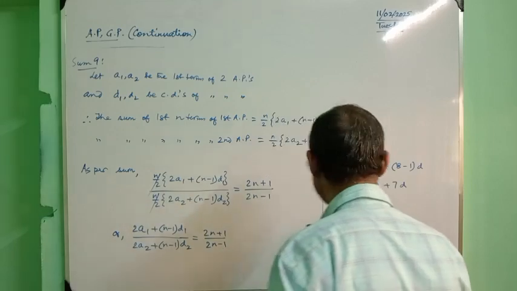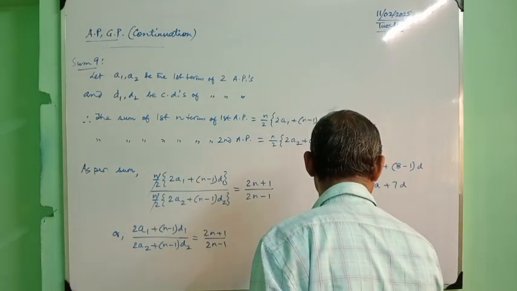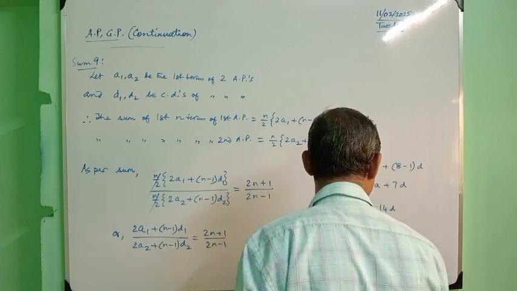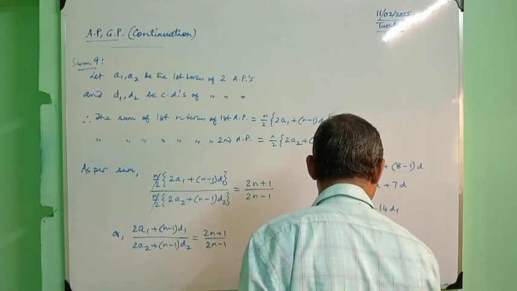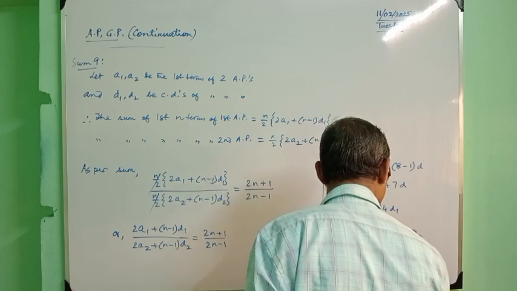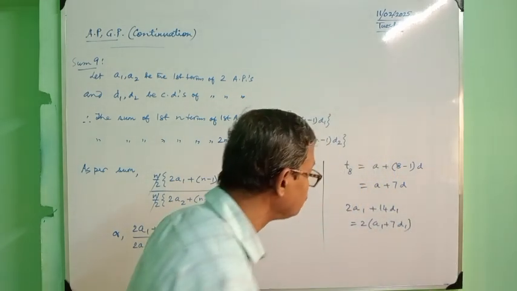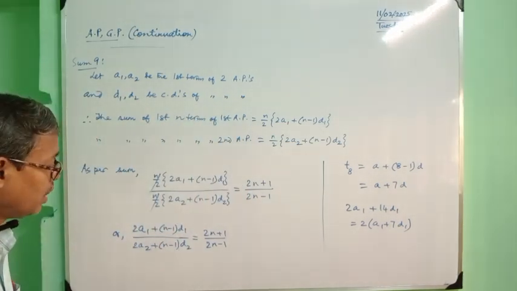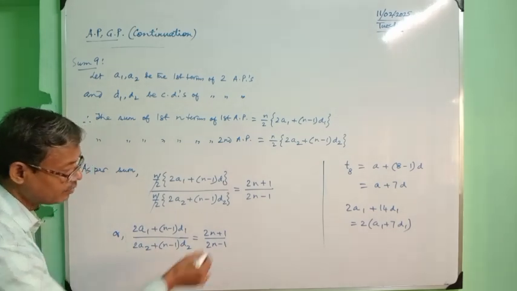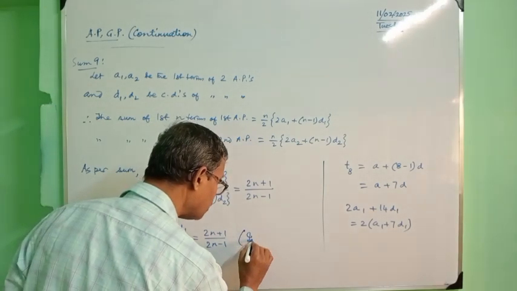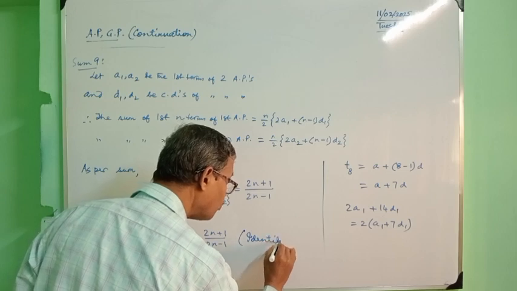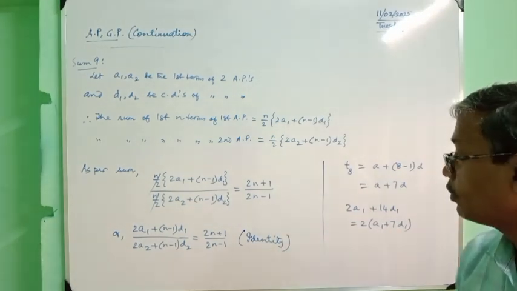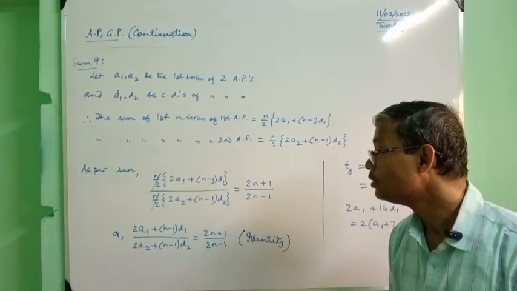Now this is an identity, I can mention that, which means if we put a suitable value for n, the relation will hold.